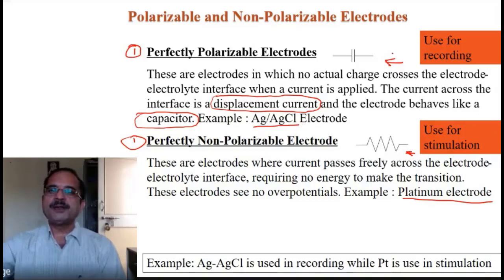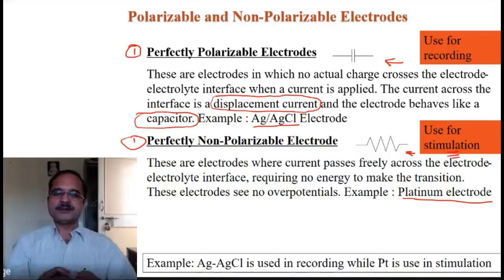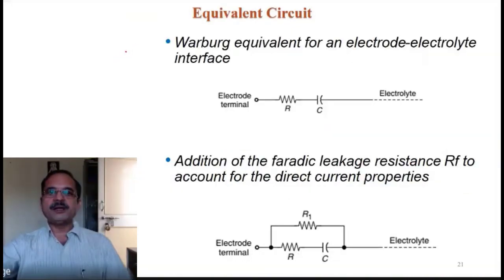The polarizable electrodes are useful for recording purposes, recording meaning measurement of various biopotentials, whereas the non-polarizable electrodes are useful for stimulation purposes. Stimulation means supplying some external electricity to the tissue or the organ. So that is about polarizable and non-polarizable electrodes.